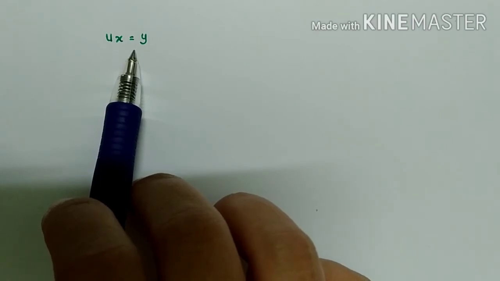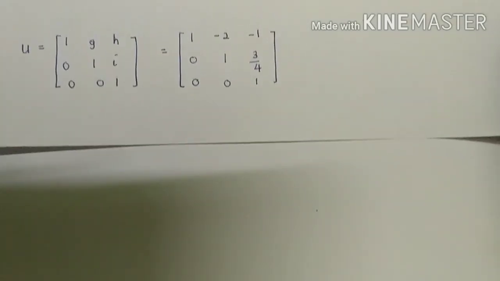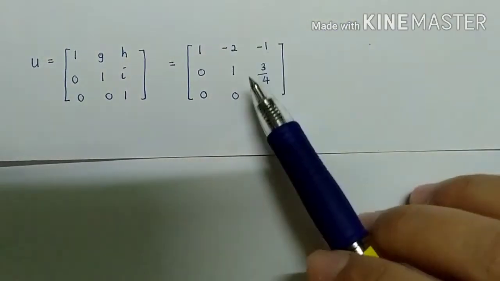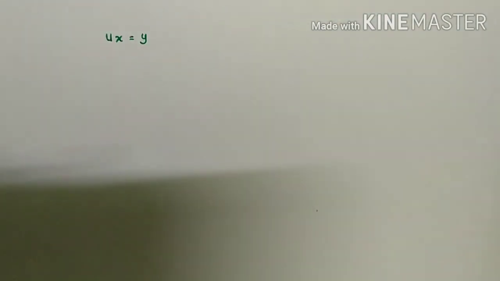So U is the matrix U that we got just now. Okay, this one. So we substitute into this formula.